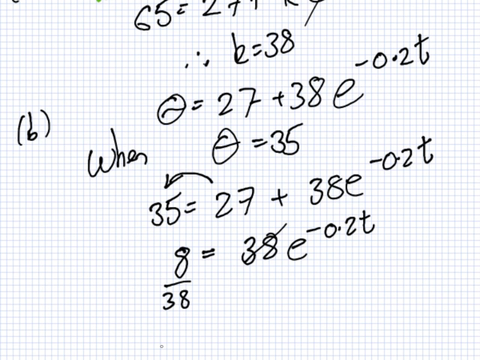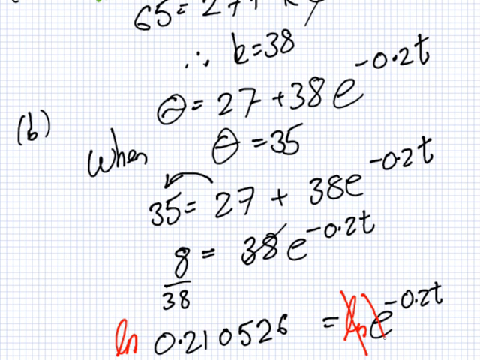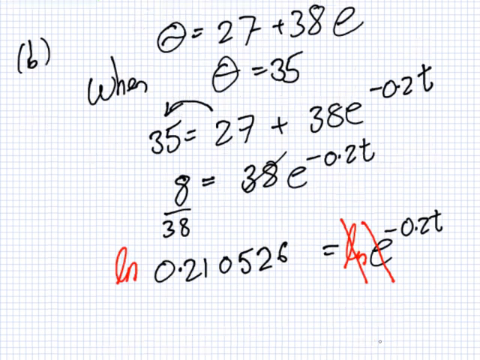So I get 0.210526, etc. equals e power minus 0.2t. Now, log on both sides. So I put a log here and a log here. But the log will cancel the e on the right. We saw that last time.